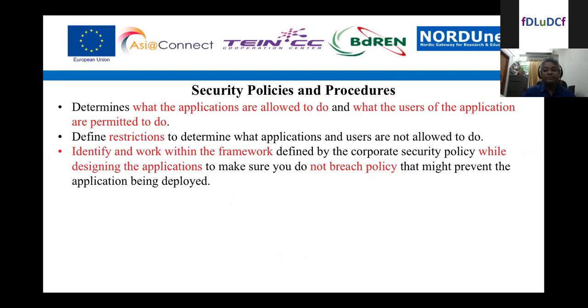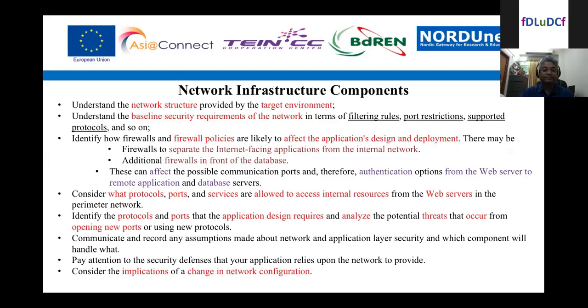Security policies and procedures determine what types of things applications are allowed to do, and what the users of the application are permitted to do. So define restrictions to determine what applications and users are not allowed to do, and identify and work within the framework defined by the corporate security policy when designing the application. Always be careful about the corporate policies and procedures regarding security.